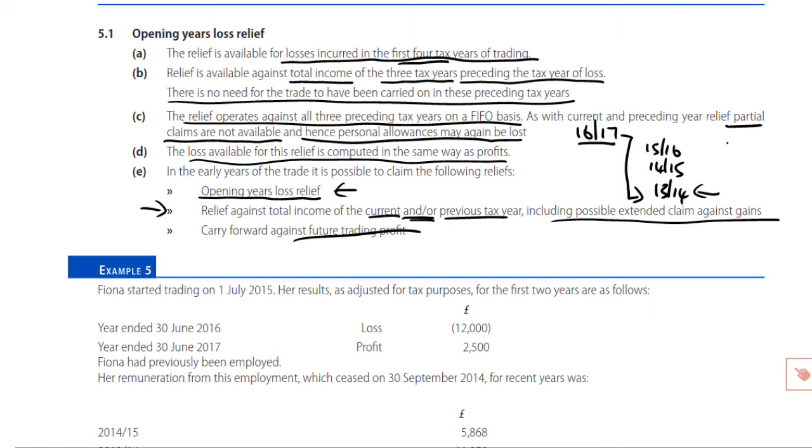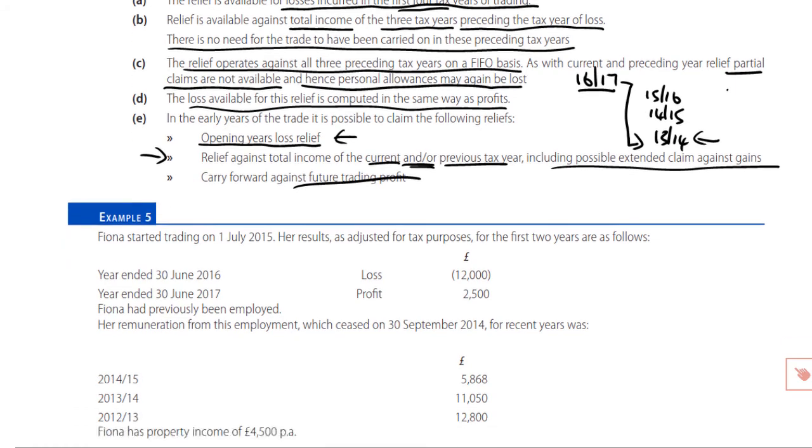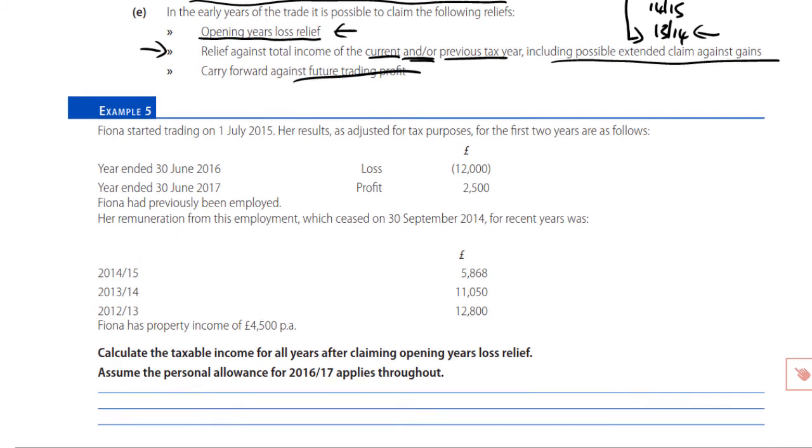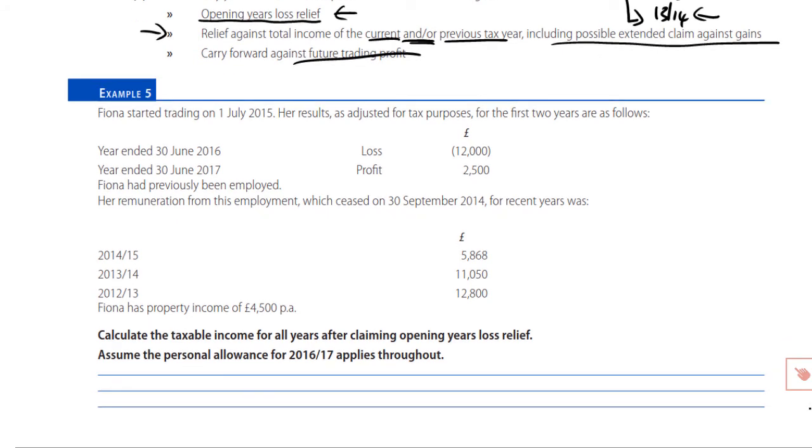And to help us here with this, we've now got our example 5 to review through. Now what I'd like you to do here is to review through that information. What they're asking us to do is to calculate the taxable income for all years after claiming opening year's loss relief.